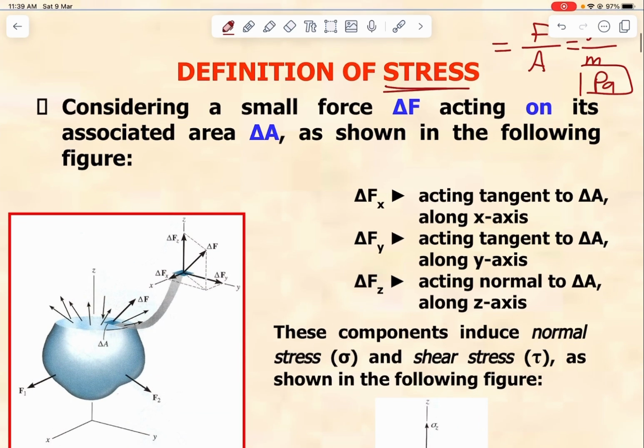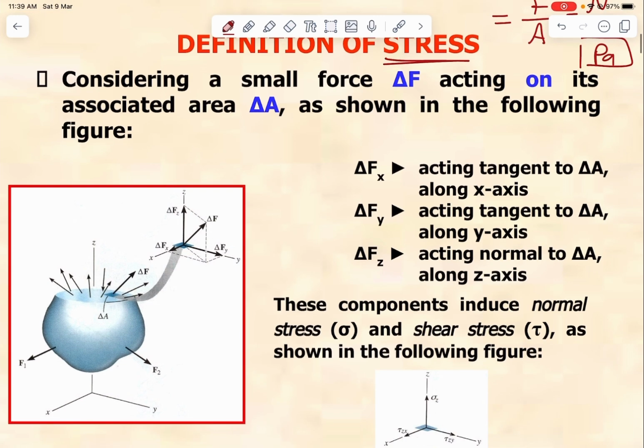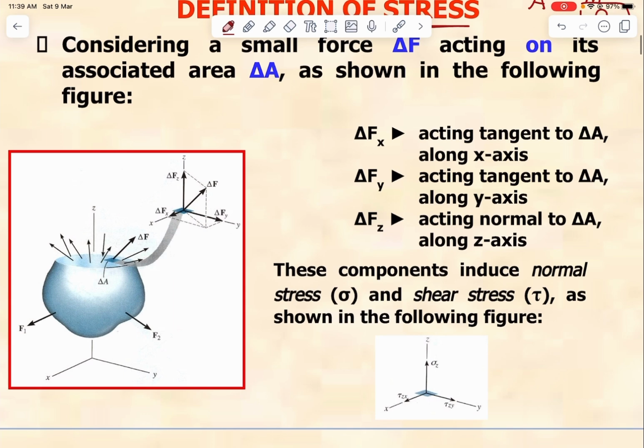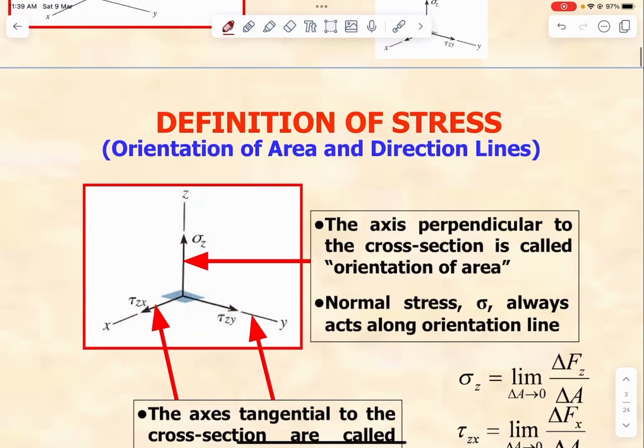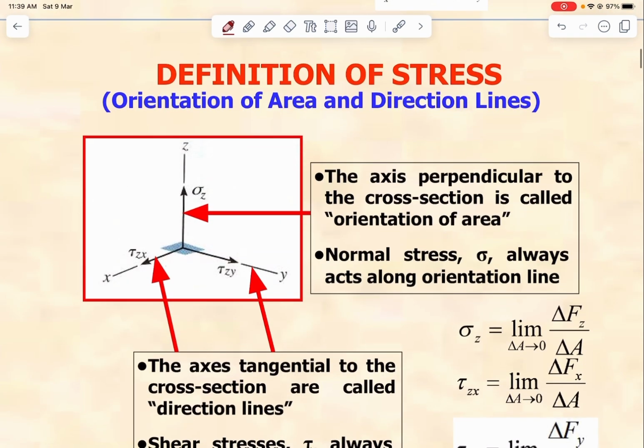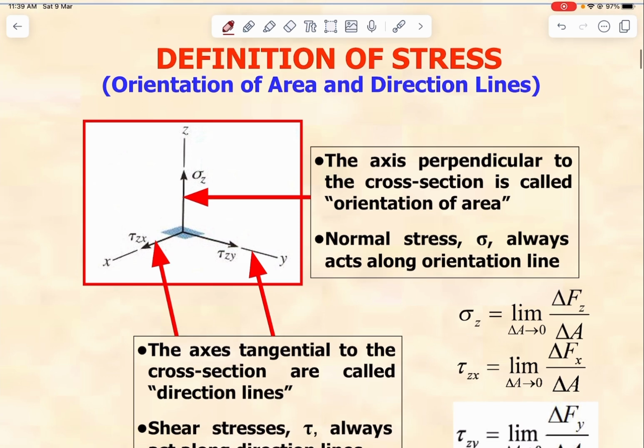Of course, in this lesson, in this course, we're gonna consider materials that are uniform, so the stress is equal in all areas of this material. Okay, so normal means the axis perpendicular to the cross-section, which is called the orientation of the area.